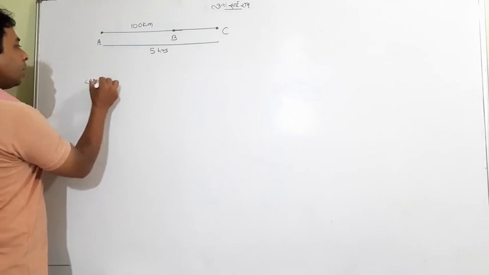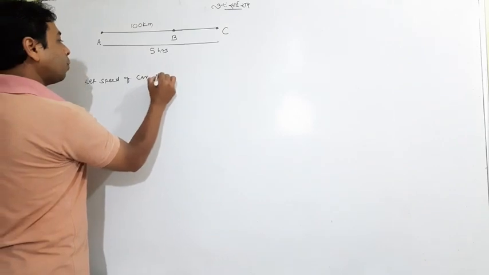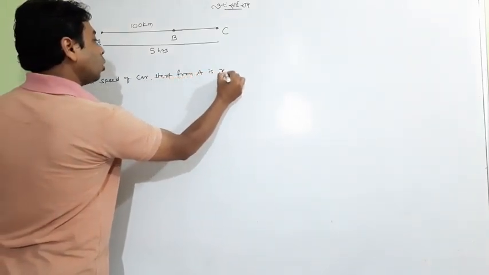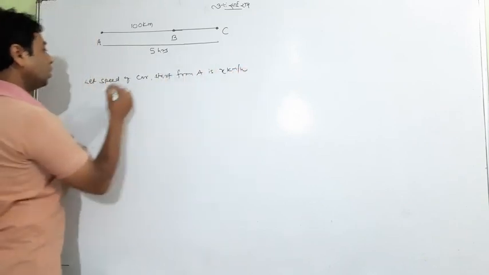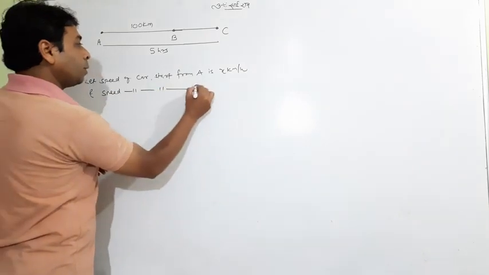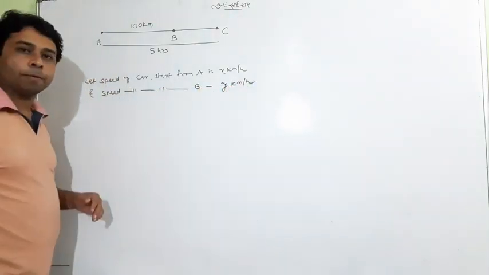Let the speed of the car starting from A be x kilometers per hour, and the speed of the car starting from B be y kilometers per hour. Very simple.